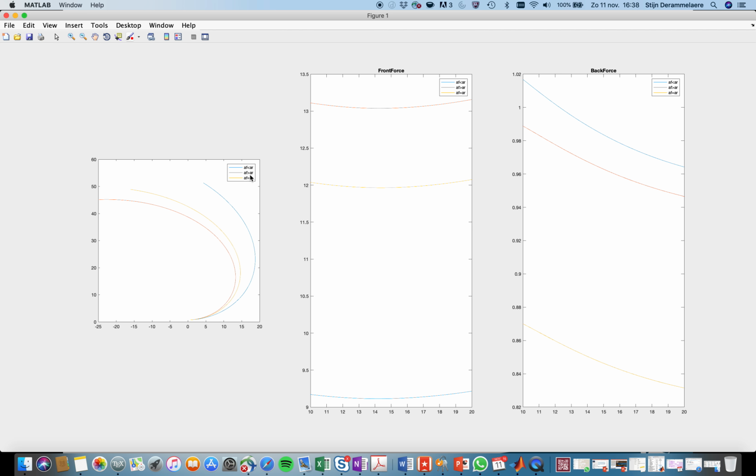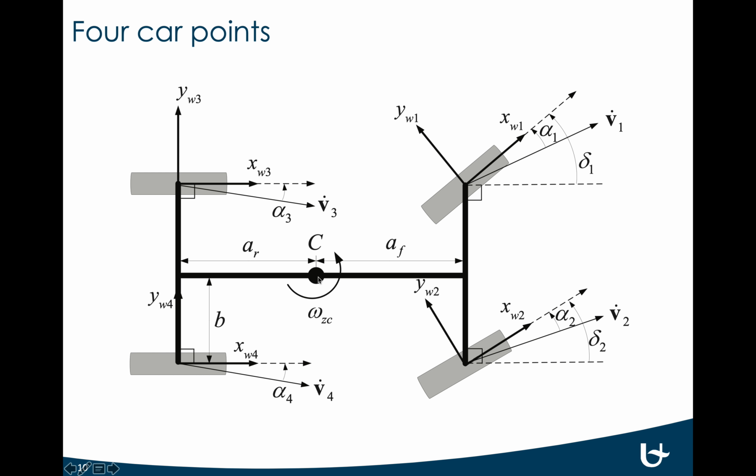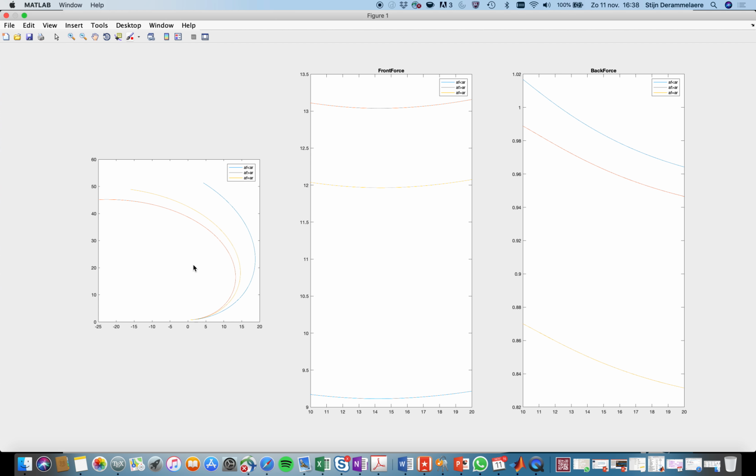If AF is larger than AR, in other words, the center of gravity is moved towards the back of the car, we have oversteer. This oversteer situation is clearly unstable.